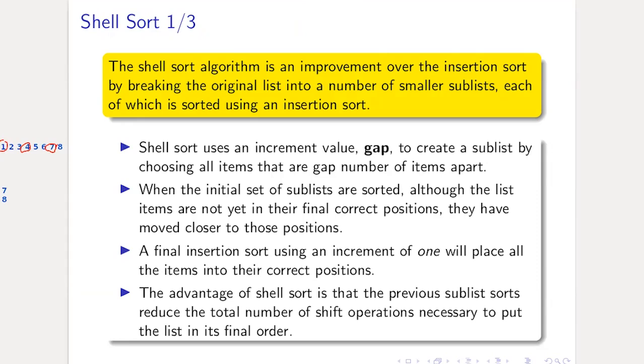Finally, if you do an insertion sort with just the increment of 1, that means you take the whole thing and do an insertion sort, then you get the finally sorted list. When you analyze the shell sort algorithm, you will find that this use of sublists actually reduces the total number of shift operations.